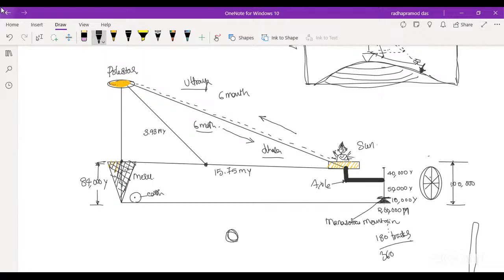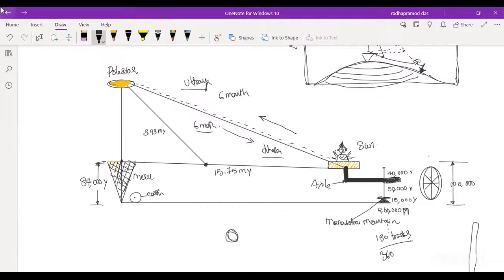While it is going on the track, the sun is going up and down. Because the sun is going up, the axle comes out like this. When the sun is up, the axle is coming out. When the sun is down, the axle is coming inside. So this is how the axle moves.